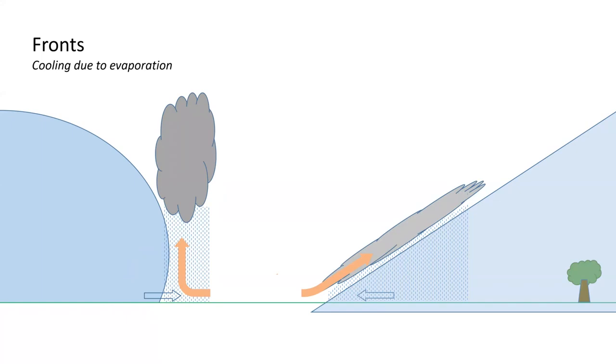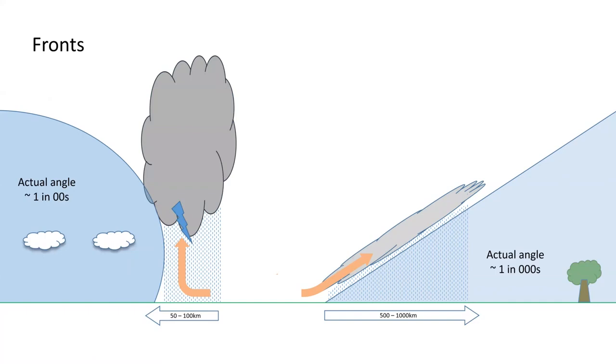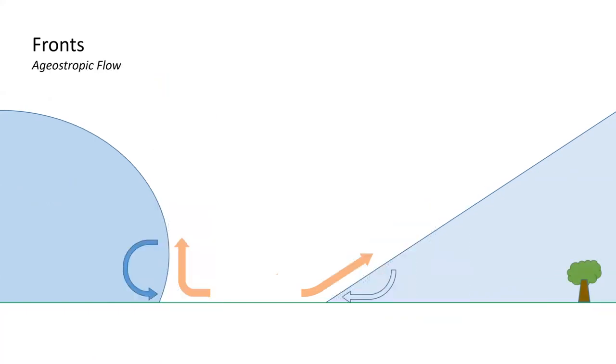So what that other slide was showing was why the cold front tends to move faster than the warm front. Move forward there, because the ageostrophic flow supports a cold front. It's kind of pushing the warm front forward. That's the blue line on the cold front. Whereas the ageostrophic flow on the warm front tends to counteract the movement of the front, pushes against it. So you find the cold front is moving faster.